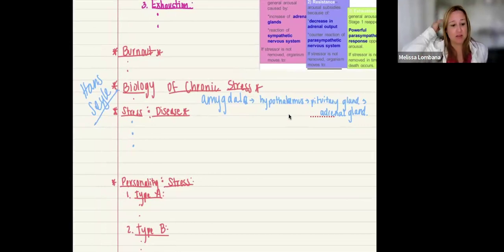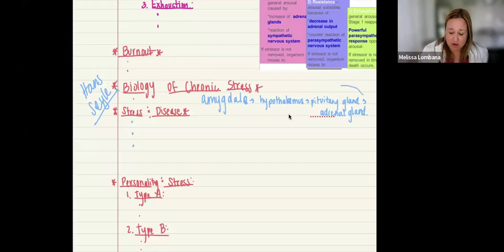Now the hypothalamus is in the brain and basically connects with the pituitary, where they work together, and it tells the pituitary gland, hey, send a signal to the adrenal gland. Now, write this down too, that the pituitary gland is your master gland, and that's the one that kind of tells all the glands what to do. And so it sends a message to the adrenal, and then the adrenal gland releases its hormones.